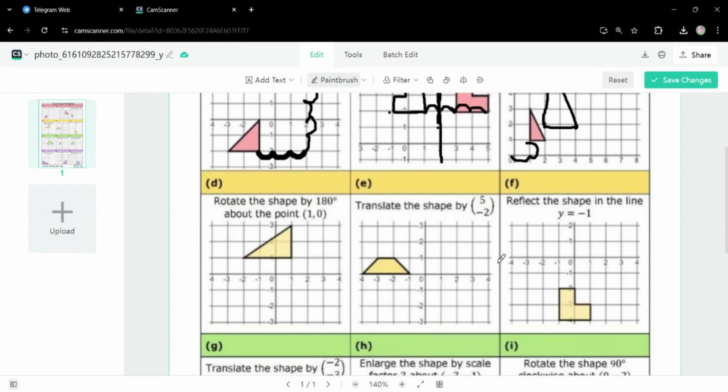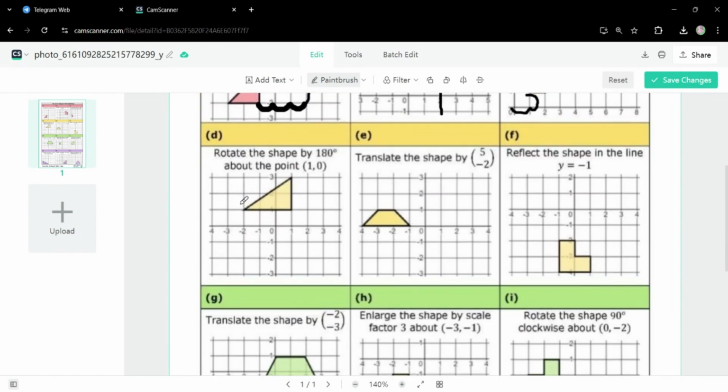Let's go for the other one. So now we are on D. Rotate the shape by 180 degrees about the point 1, 0. So 1 is x and 0 is y, so 0 is here, then it's pulled by x, which is 1, so it's there, and then you have to rotate the shape by 180 degrees.